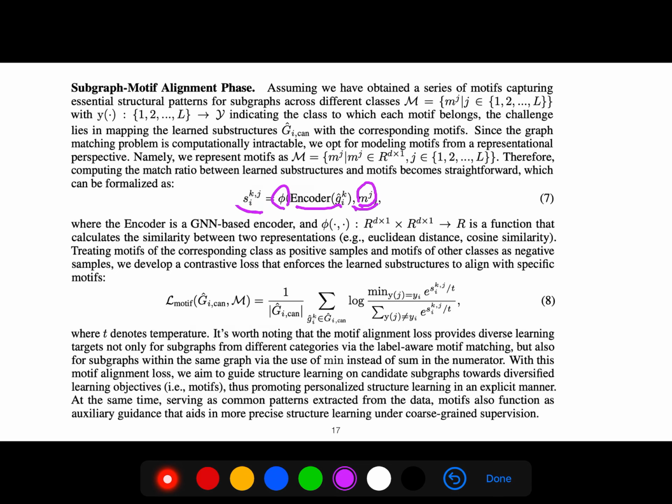Treating motifs of the corresponding class as positive samples and motifs of other classes as negative samples, we develop a contrastive loss that enforces the learned substructures to align with the specific motifs.